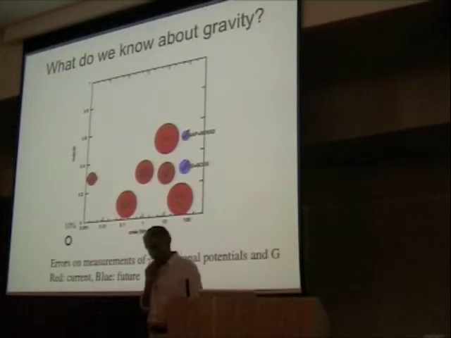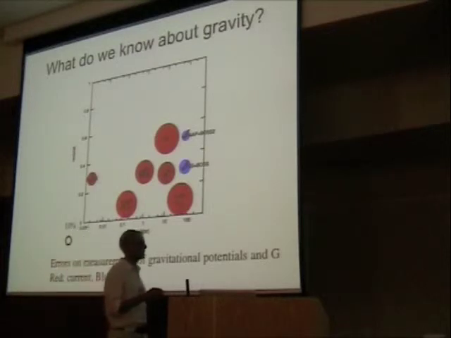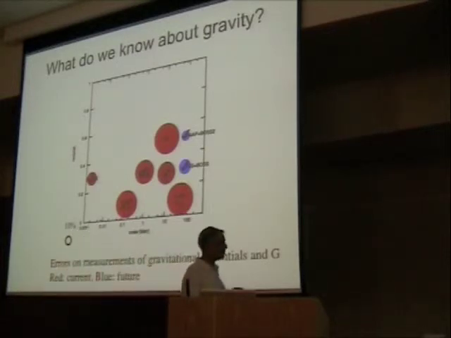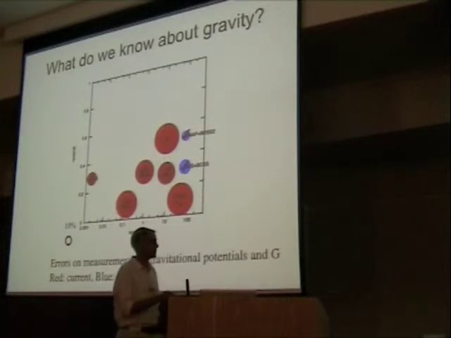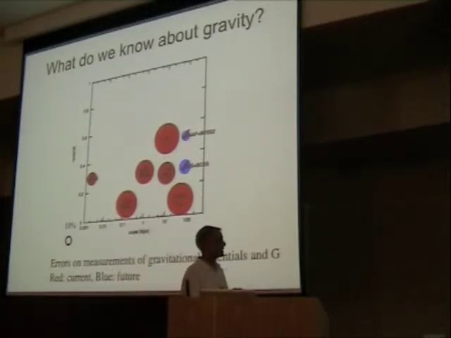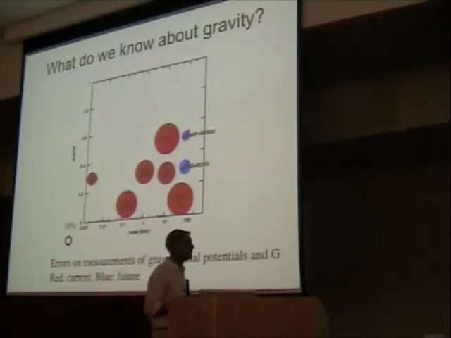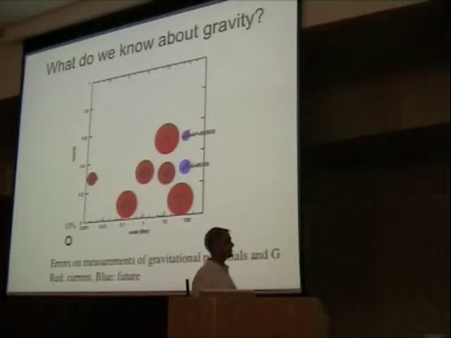So what do we know about gravity? Just to summarize in a slide, these red circles are current measurements. They're mostly at the 50% level in the space of redshift and length scales. And we really want to span this space to look for deviations. Because as I said, we don't know how the transition from gigaparsec scales to smaller scales occurs, so this entire square is fair game.